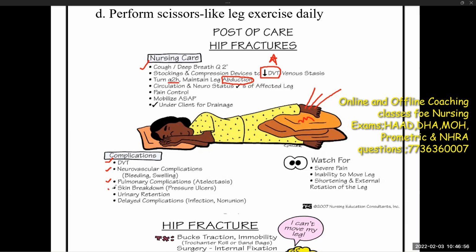And bed sore, urinary retention, and UTI. Okay, these are the complications, and you have to take care or start measures to prevent all these kinds of complications.